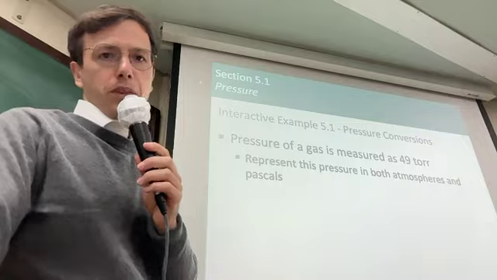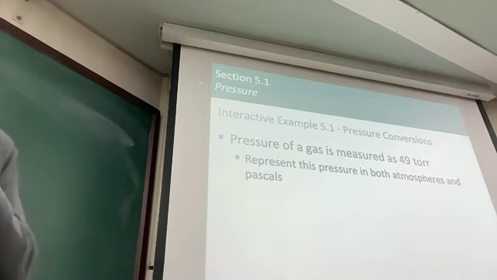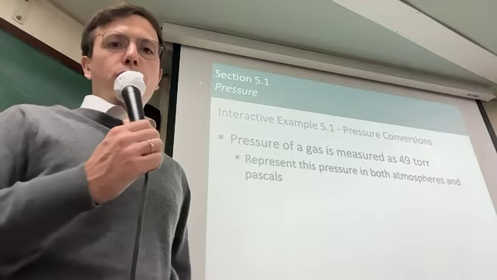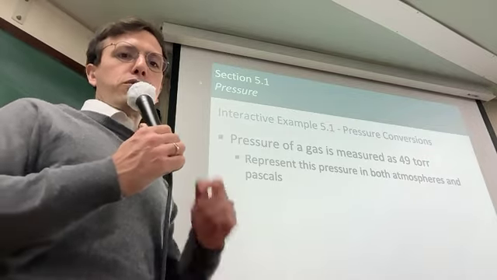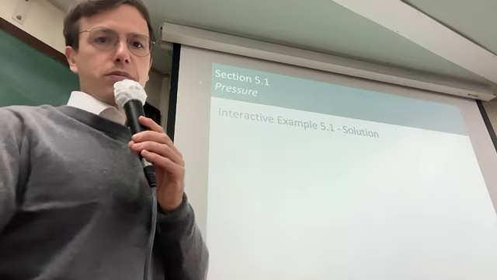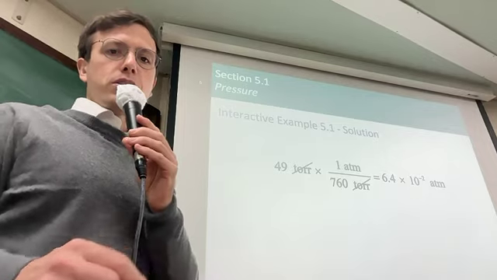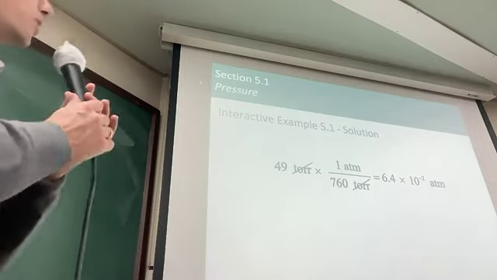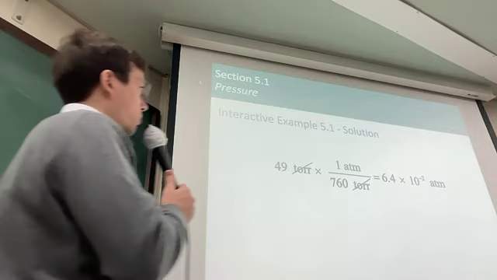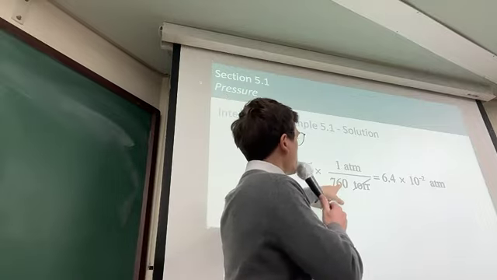Okay, so one example here: the pressure of a gas is measured as 49 torr. Represent this pressure in both atmospheres and pascals. Okay, so how do we do this? 49 torr, we know that 1 atmosphere is 760 torr.